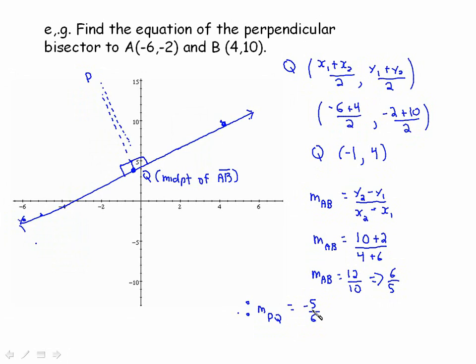Now that we've got this, we're in business because we simply have to take our given slope and our point. So I'll bring up the new screen. And we have m_PQ is equal to -5 over 6. And this is through -1, 4.